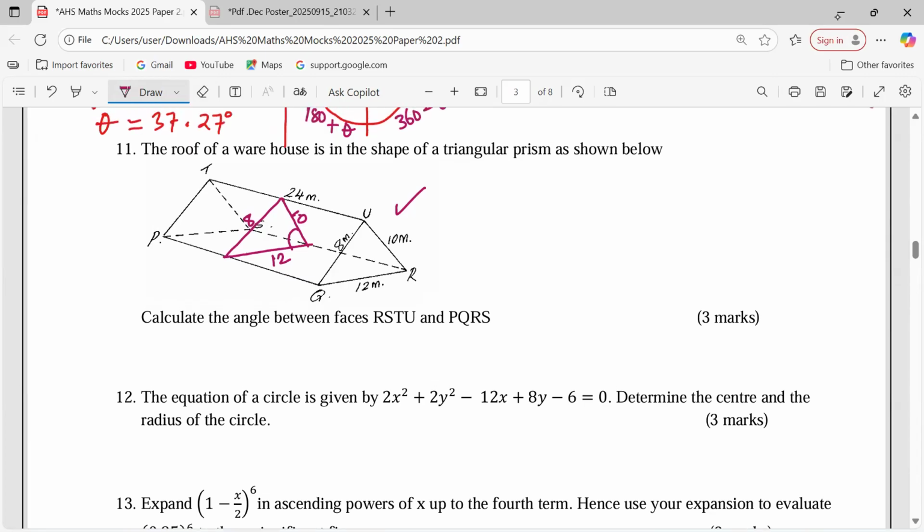We can let the angle be alpha. Then we say the opposite length to that angle, which is 8 squared, equals 10 squared plus 12 squared minus 2 multiplied by 10 and 12, the cosine of the unknown angle, alpha.